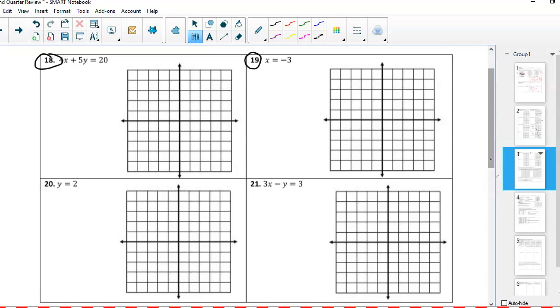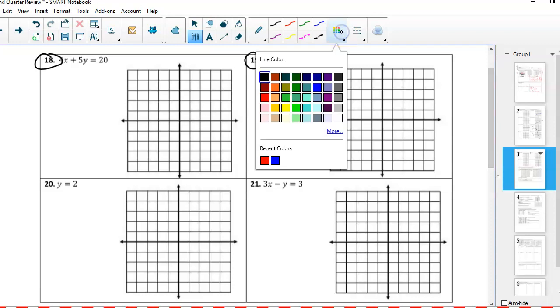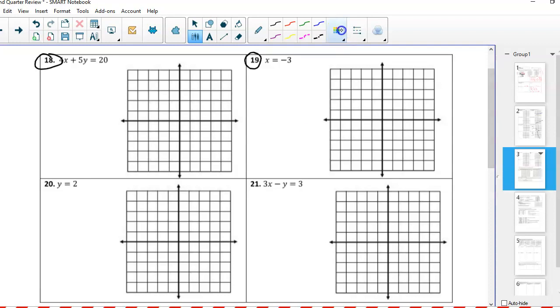So when this is in standard form, you can do this one of 2 ways. Remember, one of these ways doesn't always work, but I'm still going to give you the option. You can solve this so that it's in slope-intercept form. How would we get this in slope-intercept form? Subtract 4x from both sides. And then divide each piece by 5.